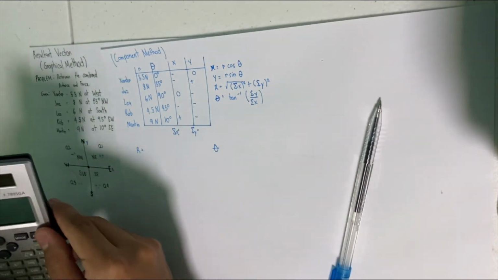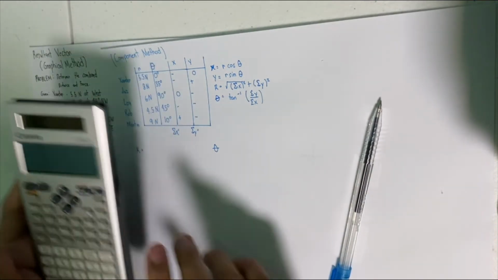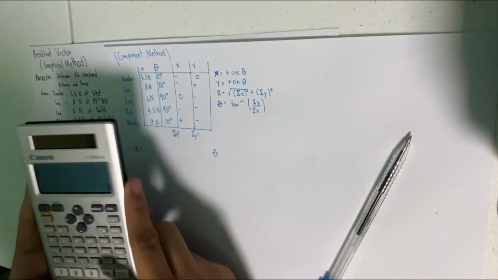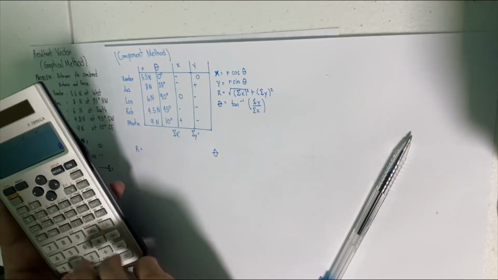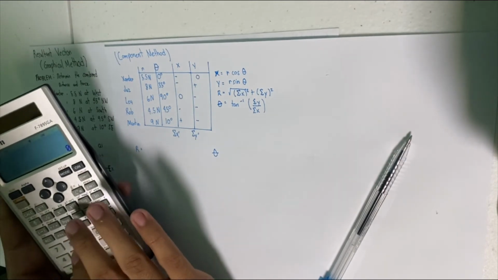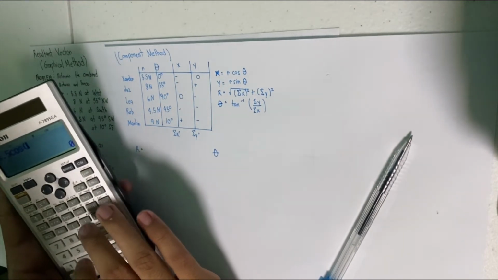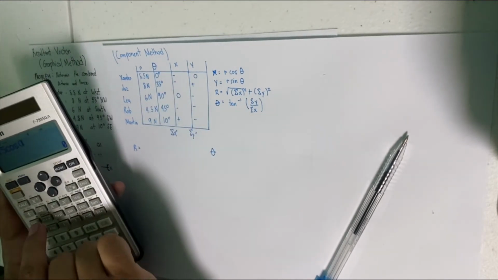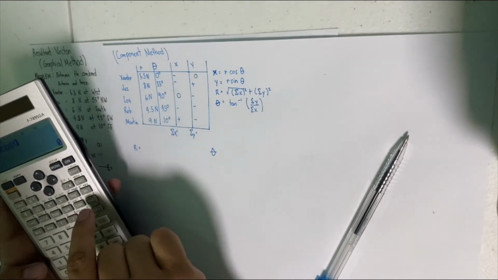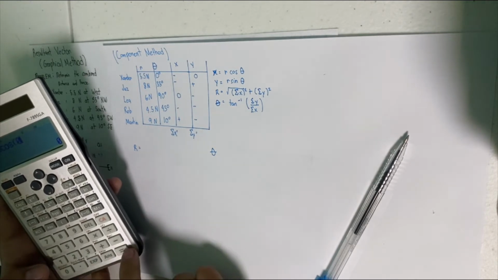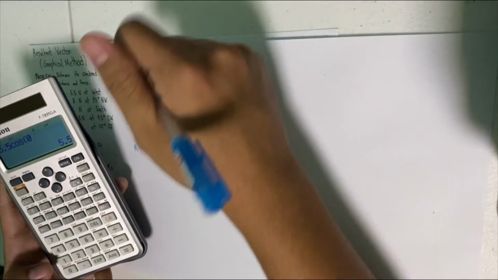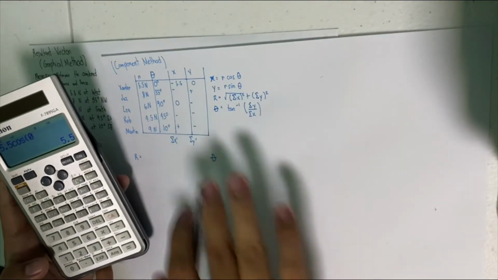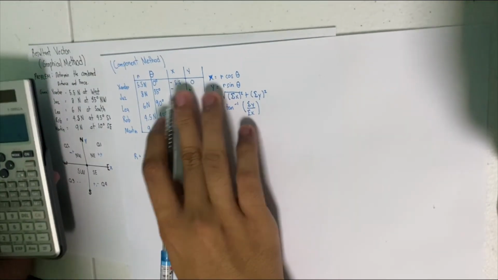So when it comes to solving it, open your calculator and we need to put first the r, which is 5.5, cos 0. 5.5 is what comes out.